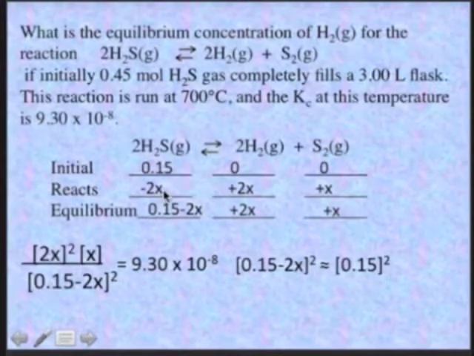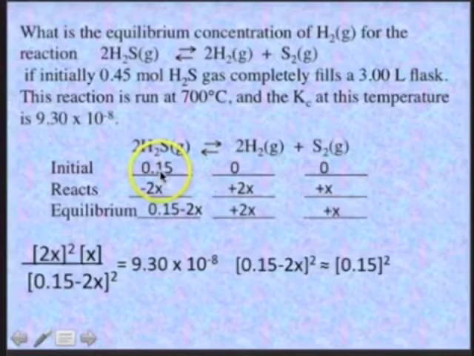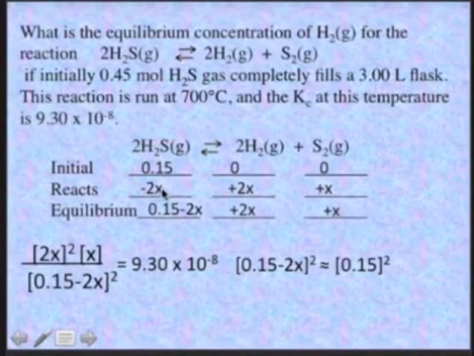Therefore, we know, because K is such a small number, 10 to the minus 8, that X is also going to be a very, very small number. It has to be. Most of the H2S is going to remain close to 0.15 molar, just a little bit less. The amount of H2S that reacts and turns to hydrogen and sulfur is very small.